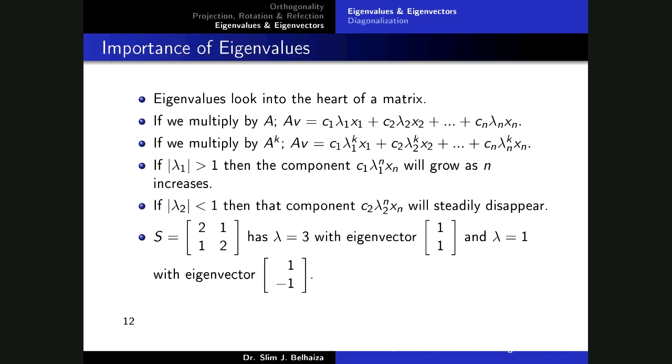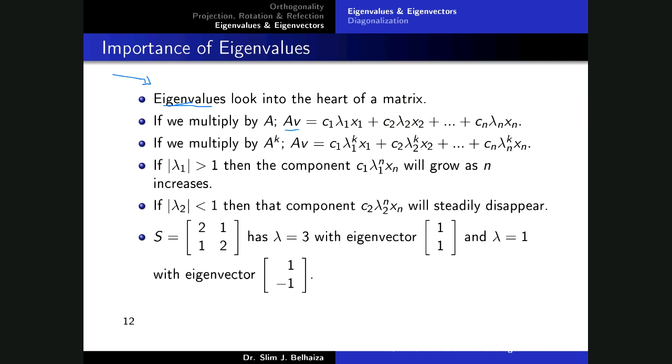Okay. So what we should signal here for the eigenvalues and the eigenvectors is that in fact eigenvalues look into the heart of a matrix. So we just said that they could be used to generate every single component of this subspace, first of all. And if you multiply, for instance, V, which was obtained in the previous slide, by A, so A times V, could give you the following.